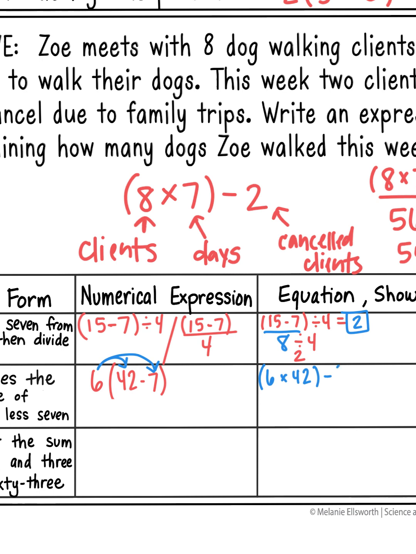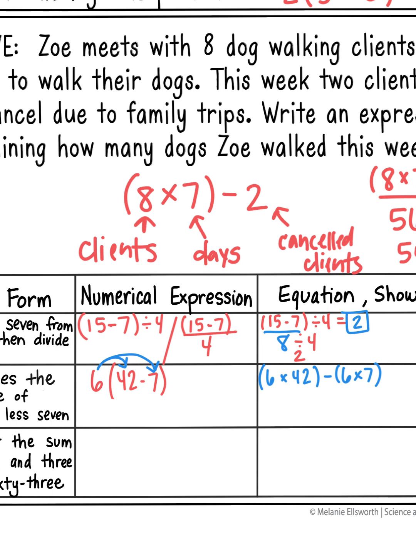And then I would subtract 6 times 7. So that's basically what I'm doing to solve this problem. Okay, does everybody understand my arrows right here? 6 times 42 looks like this. I'm subtracting because it's a subtraction sign here. And then 6 times 7 is where I get this part. So now I can solve it.